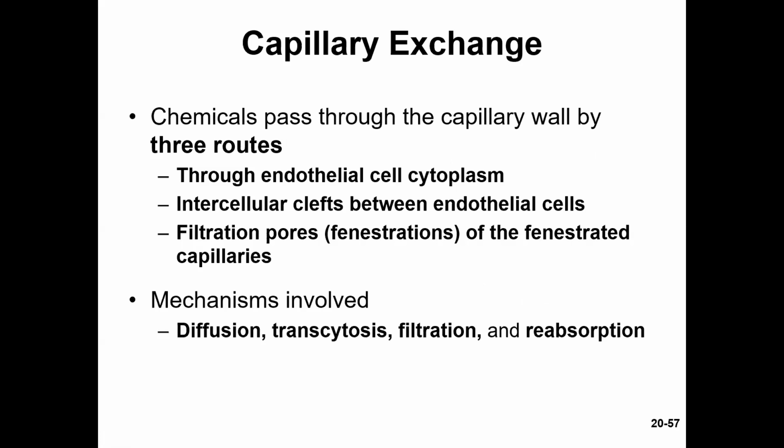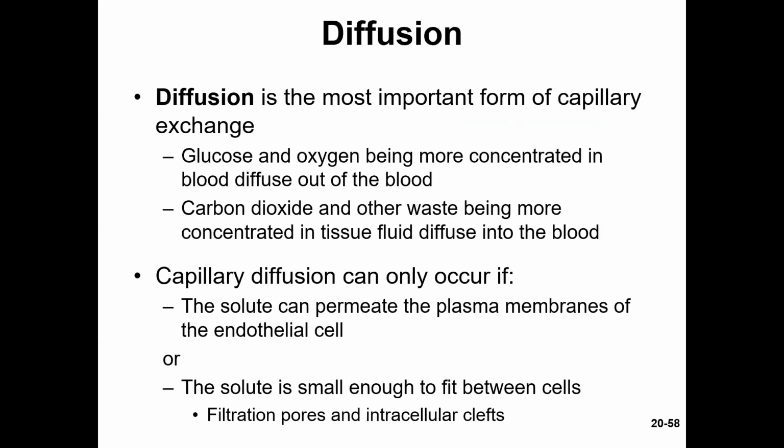The mechanisms involved will be diffusion, transcytosis, filtration, and reabsorption. Diffusion is the most important form of capillary exchange. Glucose and oxygen are more concentrated in blood, and they diffuse out of the blood.